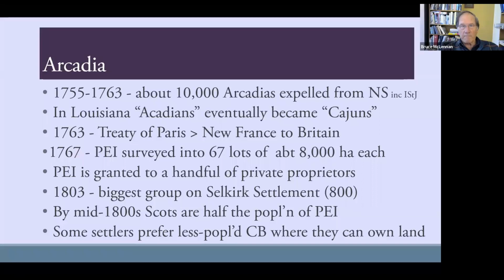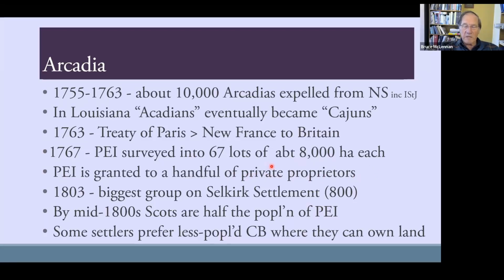The lots were about 8,000 hectares. Now, some of you don't know the new money term. I think that's 20,000 acres. Quite big lots, in other words. So a handful of private proprietors owned the whole island.